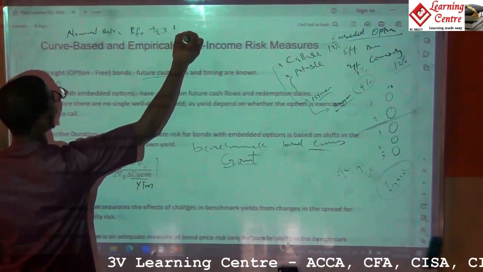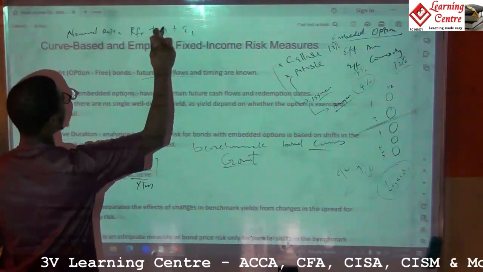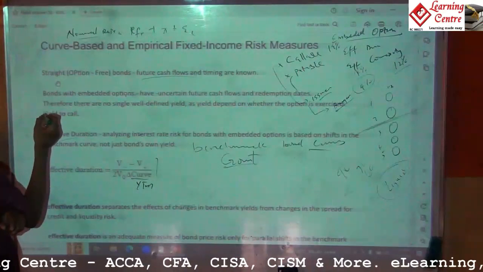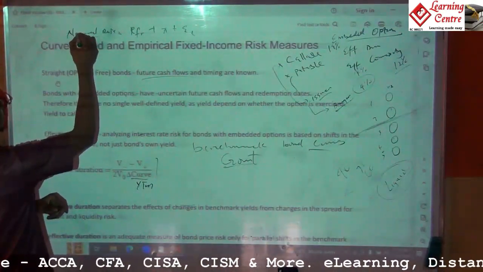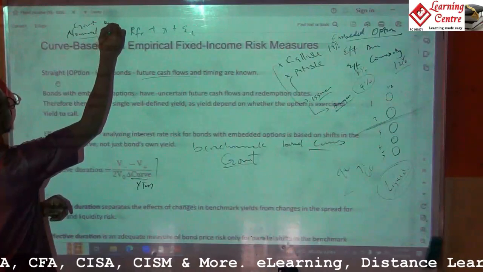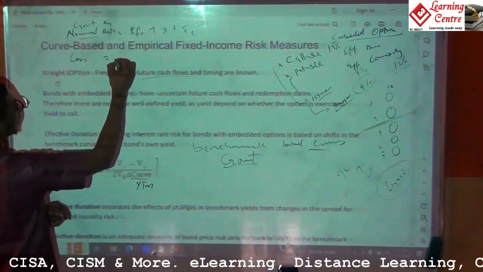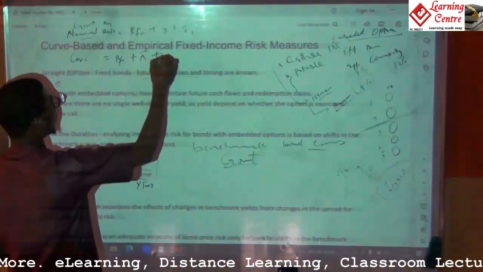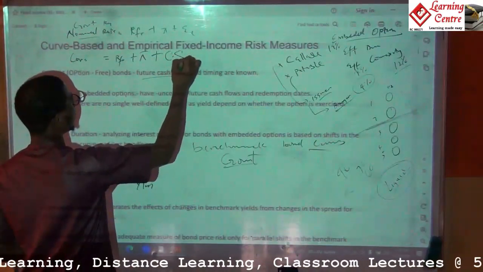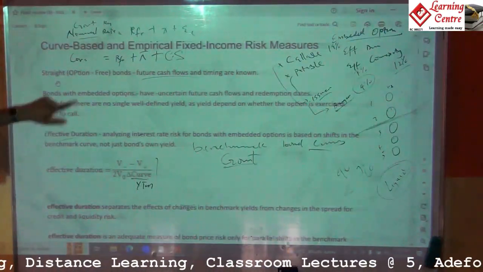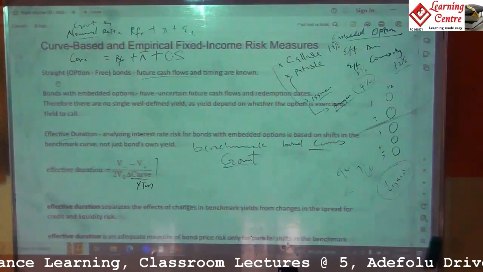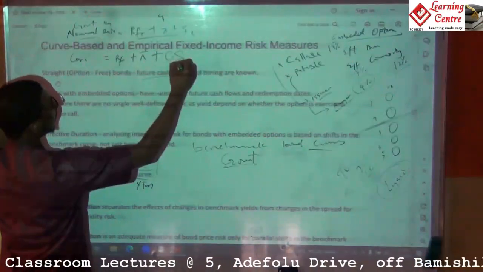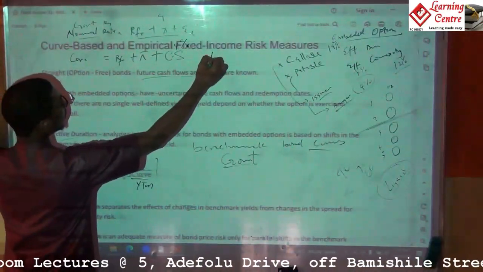So if I want to build a government rate, I will start with the risk-free rate and inflation. Then to get a corporate rate, I will add the credit spread. So if government can borrow at 9%, I will add a credit spread of 4% for Dangote and lend money to Dangote at 13%.